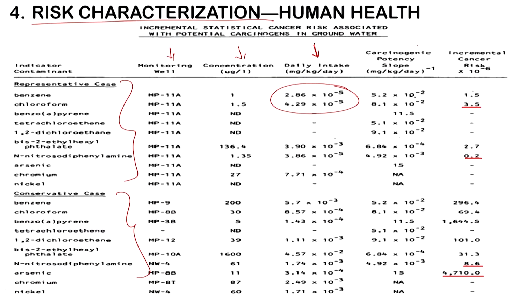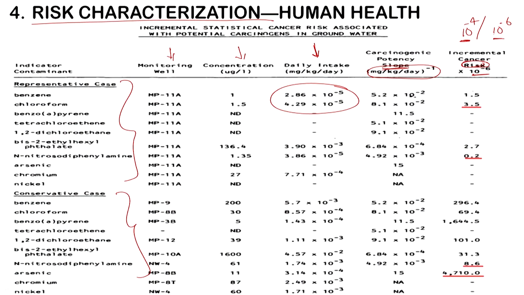So, obviously, I have the slope factor here. This is from the standard data, and so here I calculate risk in the order of 10 power minus 6. Usually the thresholds are either 10 power minus 4 or 10 power minus 6. Depending on the agency, if the risk is greater than 10 power minus 4 or 10 power minus 6, it is deemed high enough that you need to take remedial action.